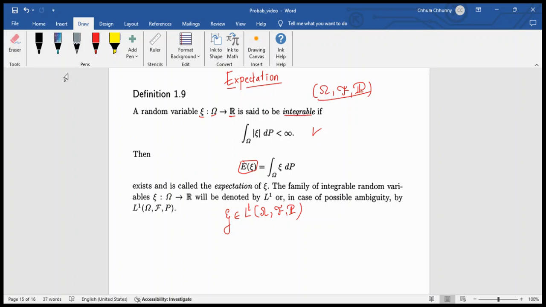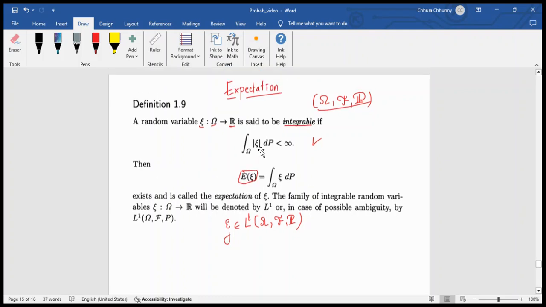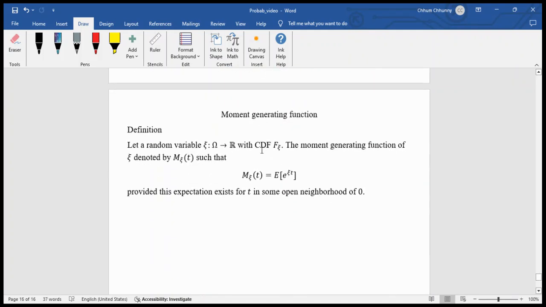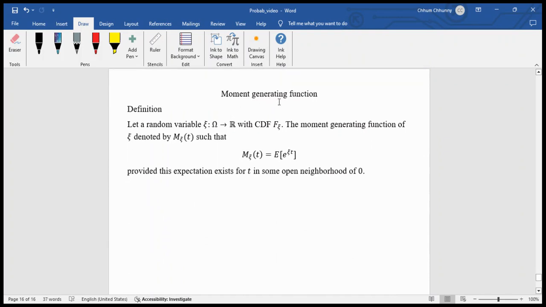After we know about the expectation of a random variable ψ, now we go to another part, the moment generating function, or MGF for short. So what is MGF? We start from the same probability space as in the previous definition. In the probability space (Ω, F, P), a random variable ψ is a mapping from Ω to R with CDF, or cumulative distribution function, denoted by F_ψ.